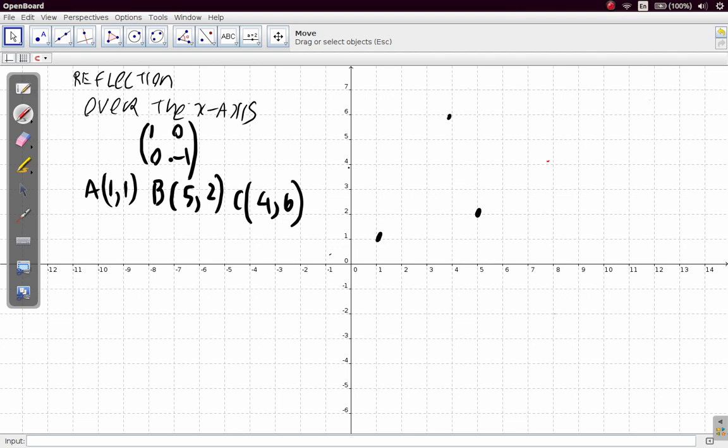We're not going to write in the ABC as we don't want to crowd the screen too much. All right, so we have these points. Let's draw a triangle there. We have 1 1 right here, 5 2 right here, 4 6 is right here, and we close the polygon, which is our triangle.